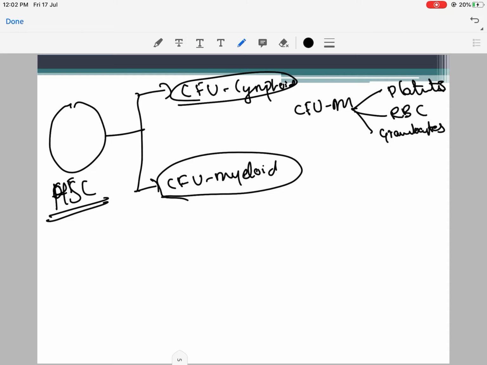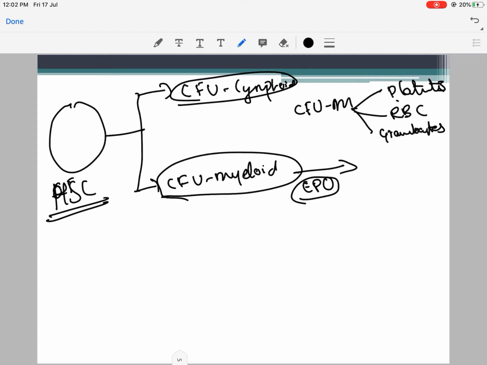So how does the colony forming unit myeloid know what cell to form? To form a further cell, it is under control of various chemokines such as erythropoietin. Erythropoietin is a hormone secreted by the kidney.